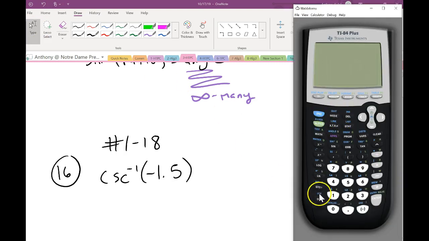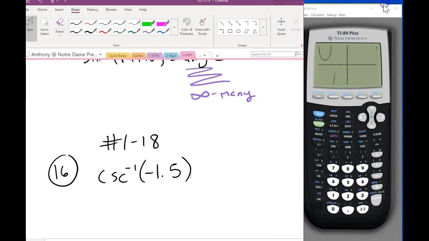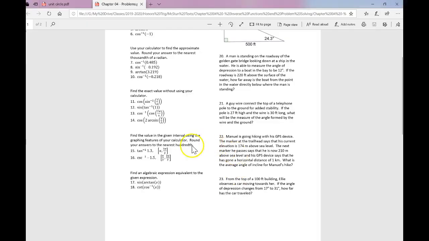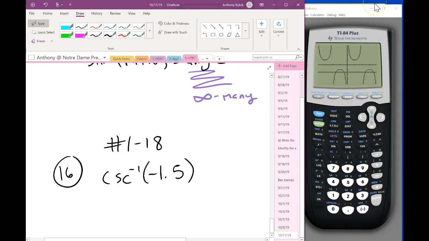So I'll fire up my calculator. So I have 1 over cosecant already in there. And then here I'm going to type in negative 1.5. And I've already set the window to the normal trig window. But I think there's a little bit more to this problem I want to look at real quick. Ah, yes. So we want our answer on the interval from pi over 2 to 3 pi over 2.